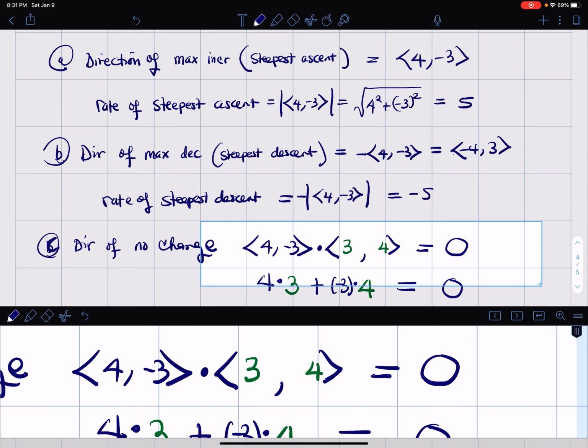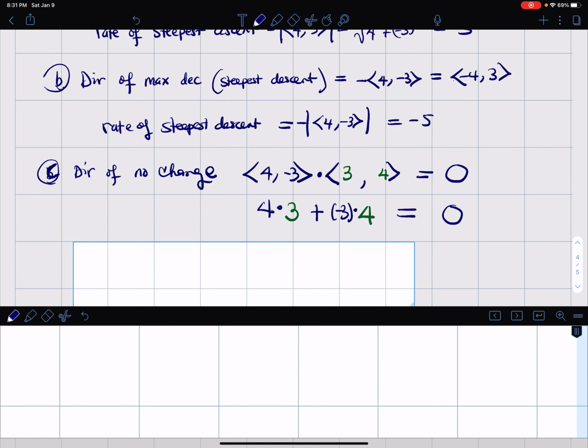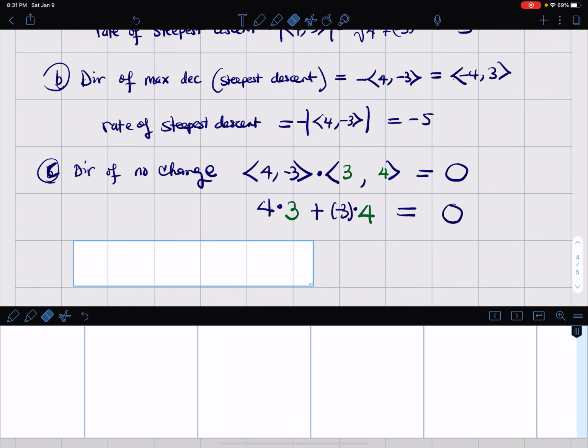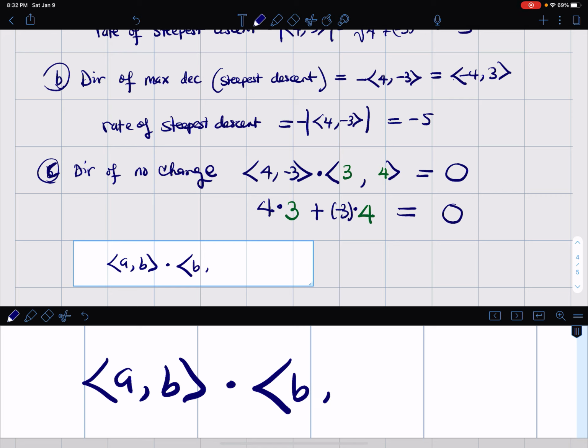So you just want two vectors that when you multiply them, you get 0. In general, if you have a, b, and you dot it with b, negative a, you're always going to get 0. So whatever you have, just flip it and put a negative on one of them, right? You get 0.